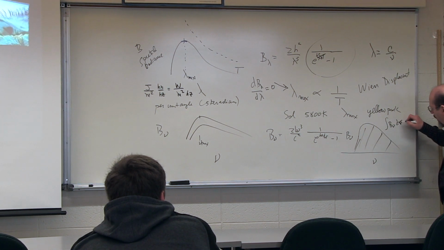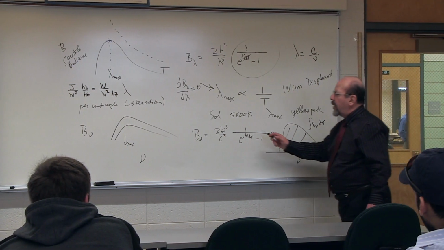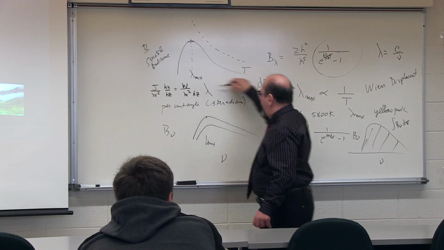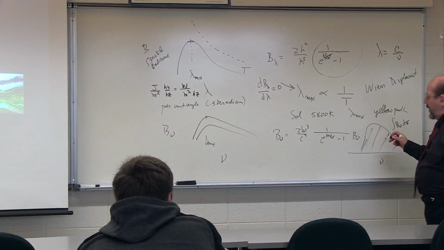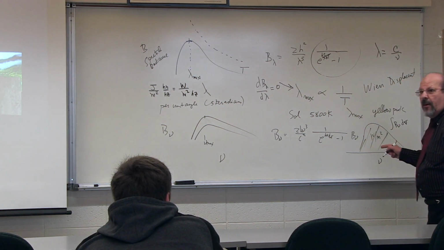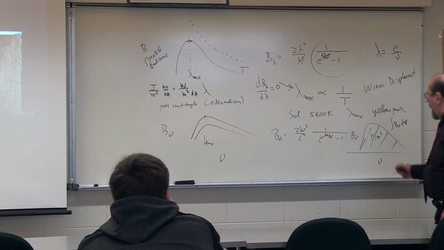Well, what are the units? The units are watts per square meter per hertz times hertz. So watts per square meter, which is the power density, or equivalently the energy flux, is what you have.